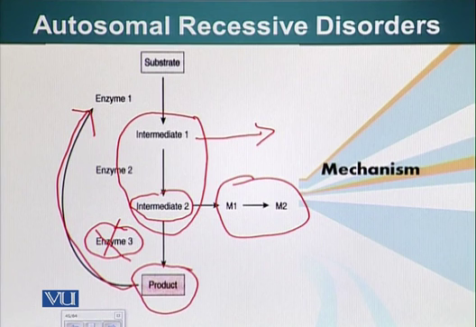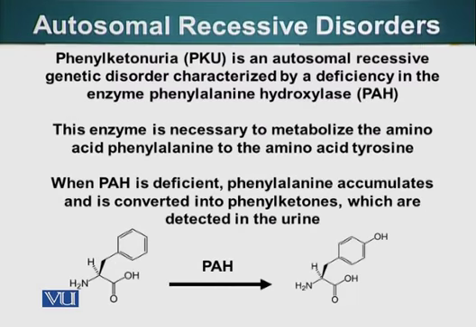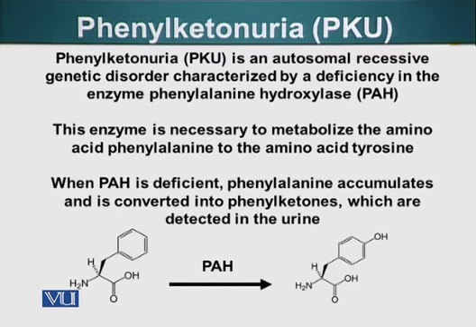So two mechanisms: one, absence of the product which is required by the cell, and number two, production of toxic material from the intermediates. When they're converted into toxic material, they can cause injury too. Now let's look at a specific example of autosomal recessive disorder. Generally, people think that genetic disorders cannot be cured or cannot be managed.